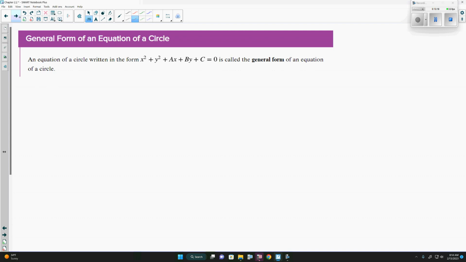Now this one here, an equation of a circle written in this form, is called the general form of the equation of a circle. We're going to need to get it back into standard form to be able to find the center and radius, or to be able to graph it.